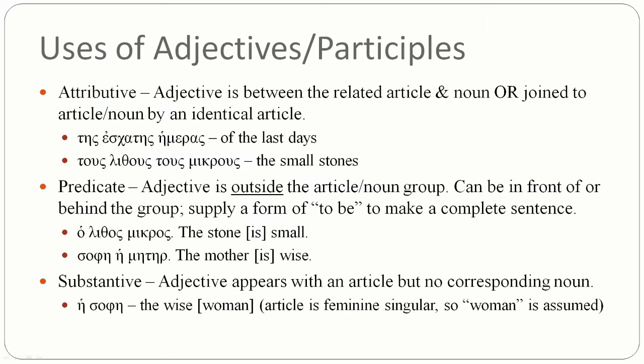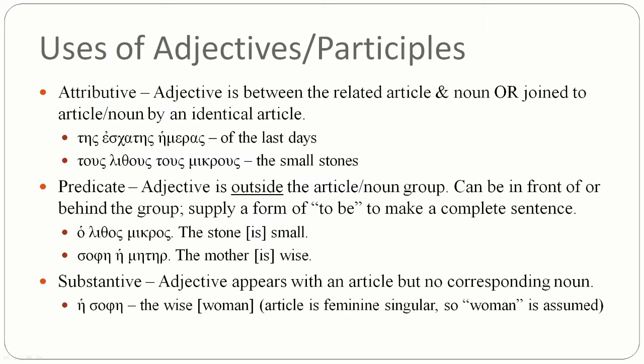The stone is small. And the second example is the adjective before the article-noun grouping. He meter, the mother, and then sophe is wise. That's your adjective. Again, the mother, supply a form of to be: the mother is, or was, or will be. It doesn't matter which one of those; context will tell you. But the mother is wise.